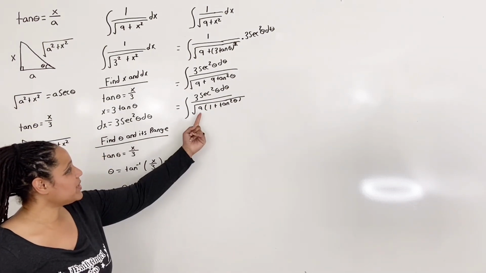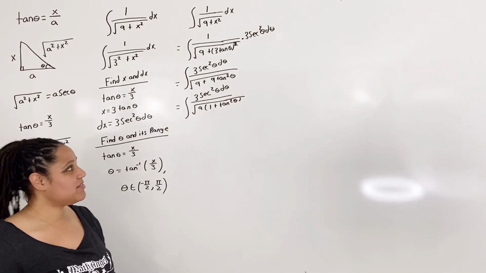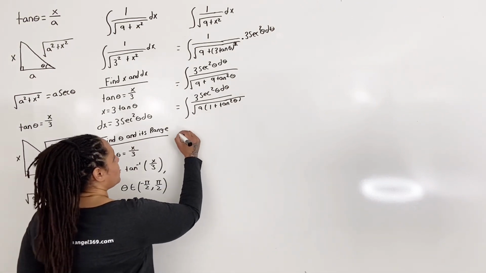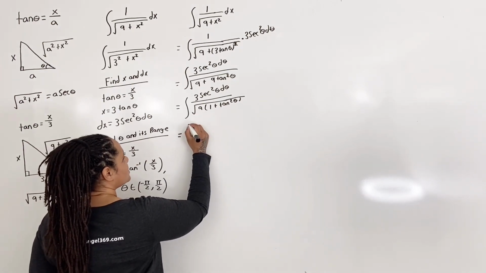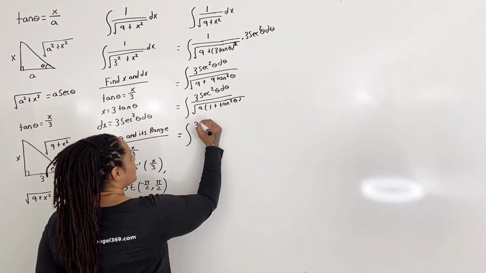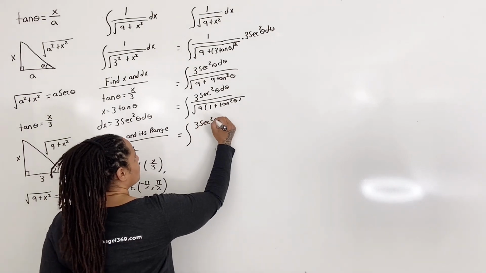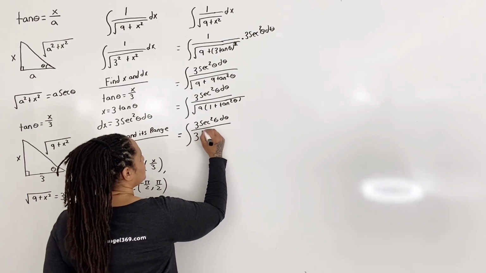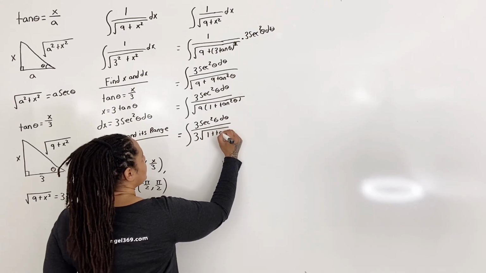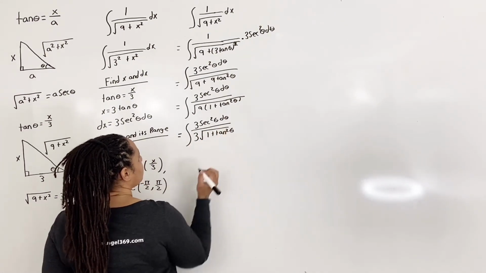So now I'm pulling out the 9 from under the square root. So this is equal to the integral of 3 secant squared theta d theta divided by 3 times the square root of 1 plus tan squared theta.